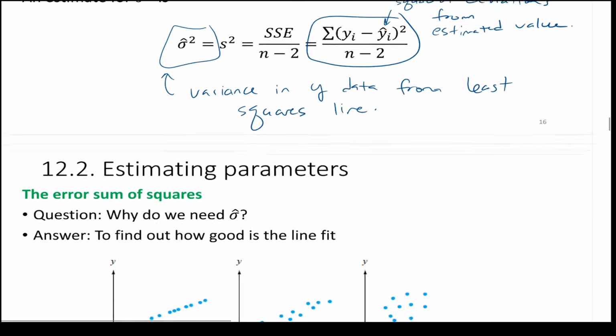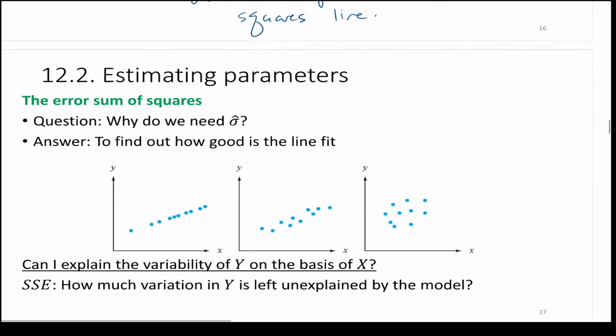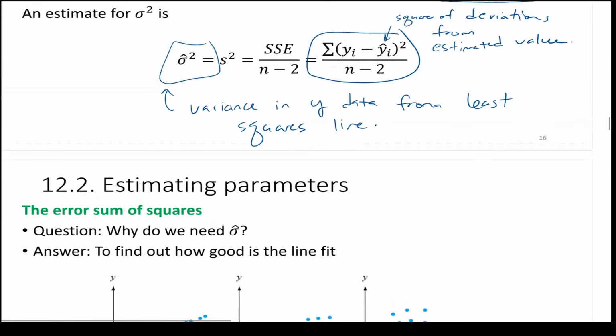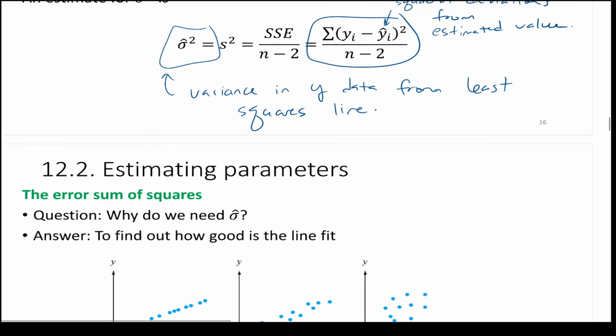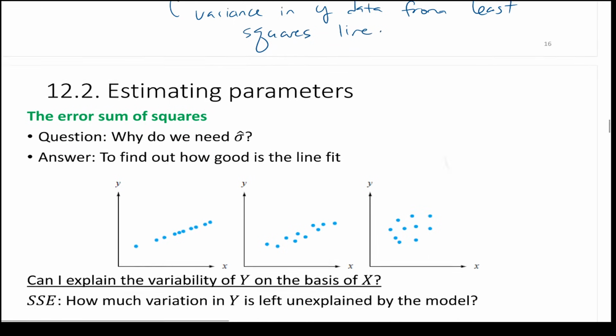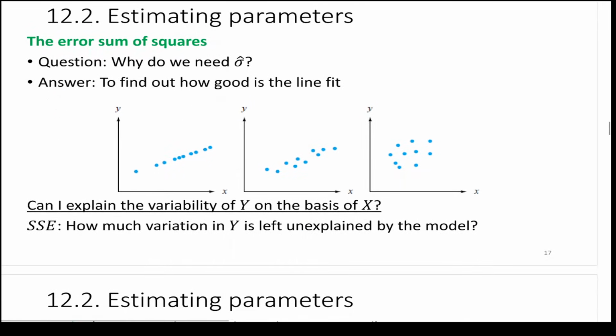Why do we need to estimate the variance or the standard deviation? Well, that tells us whether or not we have a good fit. If the variance is really small, we have a really good fit. If the variance is really large, not such a good fit. So to find out how good the line fits, this would have small variance.